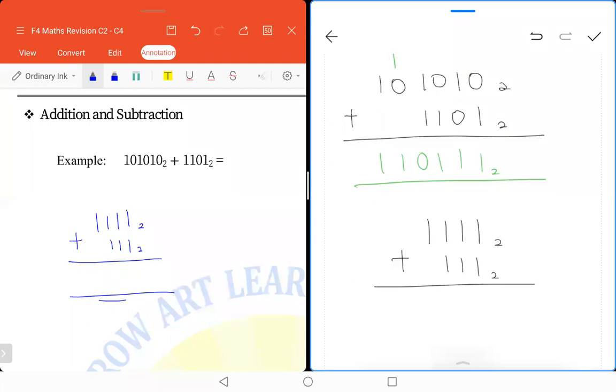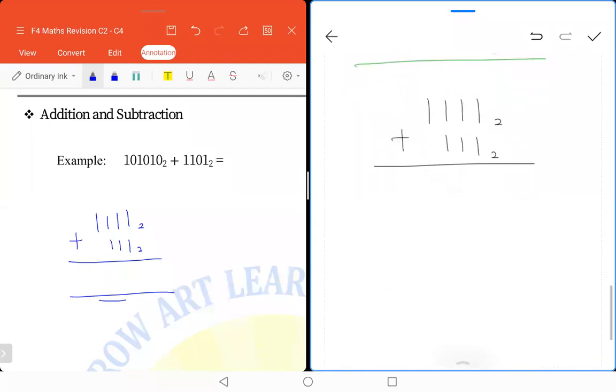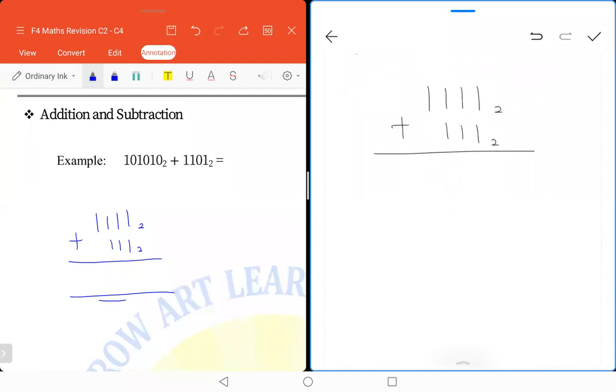Okay. Let's calculate together. 1 plus 1 supposed to be 2, right? So it should be 10 now. 1 plus 1 plus 1 is 3, right? But 3 in base 2 will become 11.